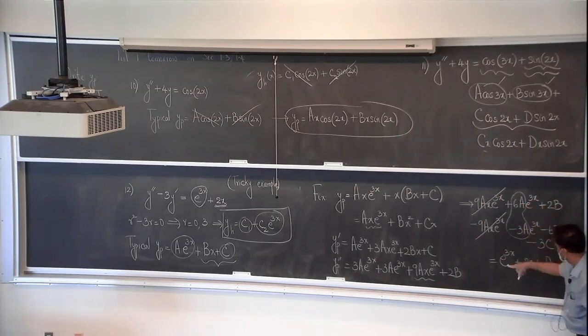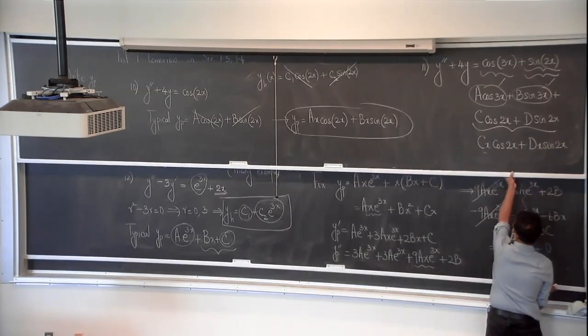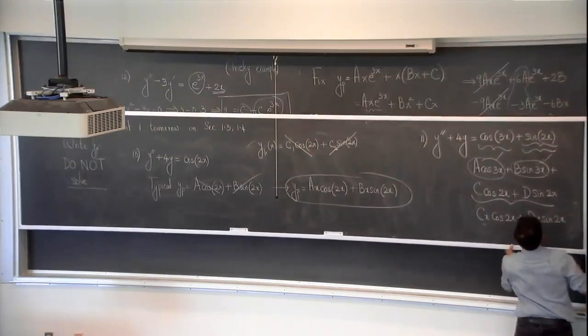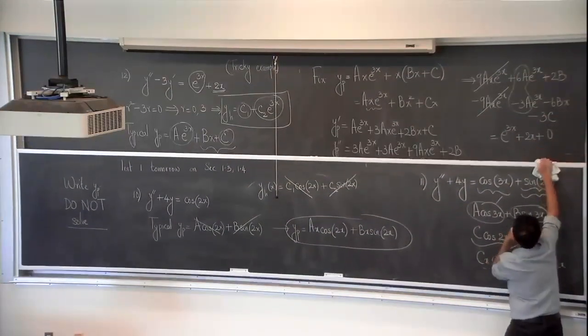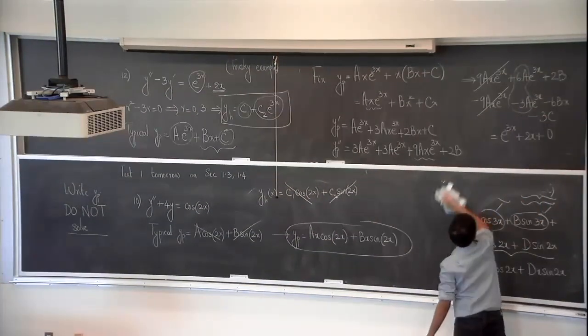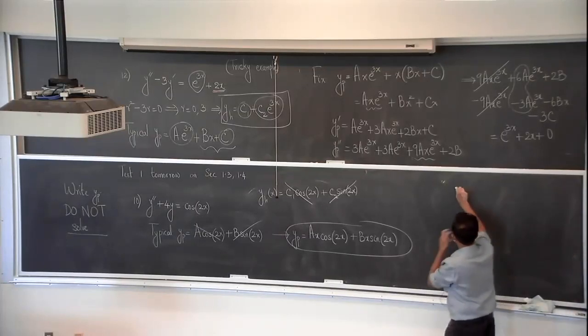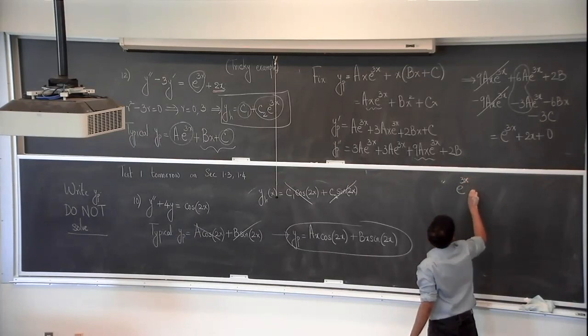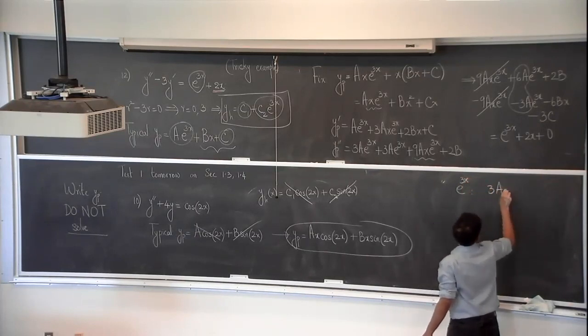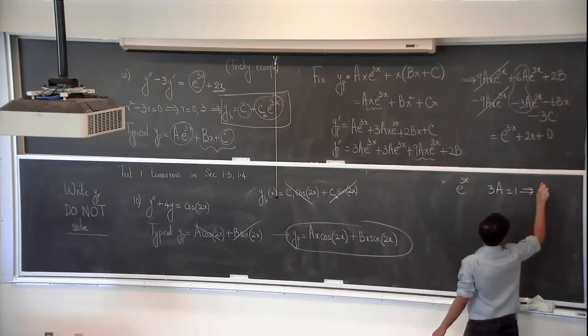So you have 3a equal to 1, so a is 1/3. Write down clearly what coefficients you're comparing here. For e to the 3x, you have 3a equal to 1, so a is 1/3.